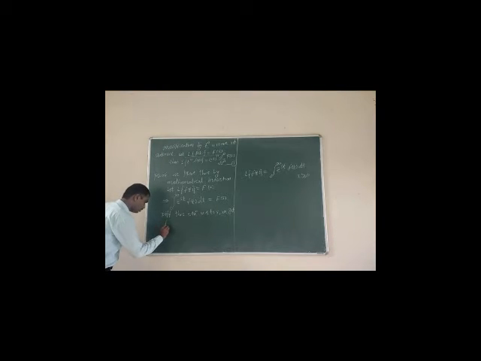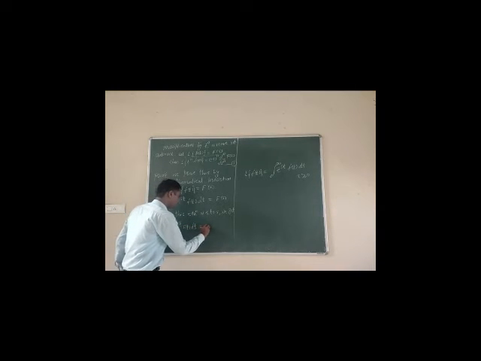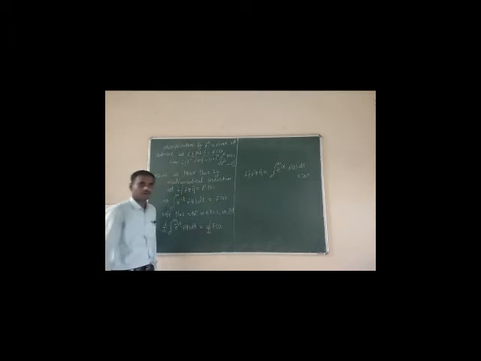So d/ds of integration 0 to infinity e to the power minus st into f of t dt is equal to d/ds of F of s. Now, by Leibniz rule, what is Leibniz rule? That is differentiation under integration.